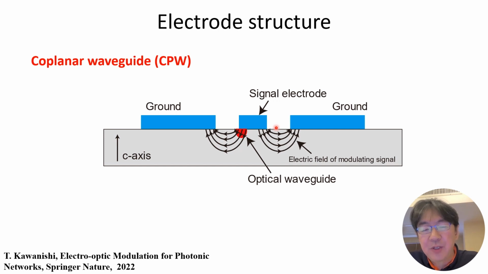By using transmission line theory, we can control the characteristic impedance and the velocity of the signal on the electrode. And we have to place the optical waveguide where the intensity of the electric field is strong enough, as you can see here.